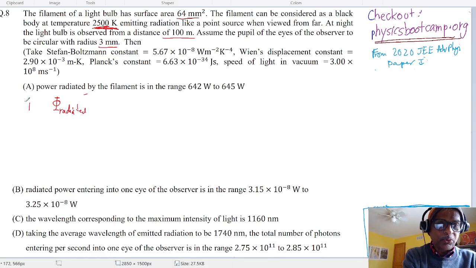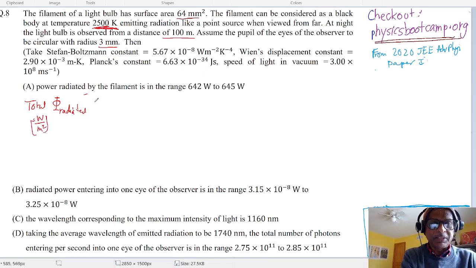This is the total, and this will be in watts per meter square in the units. So power per meter square is equal to sigma T to the power 4. You probably know this law, and this is sigma.